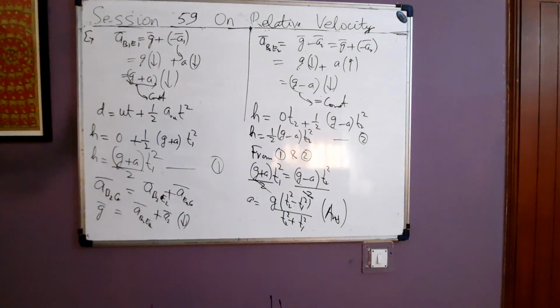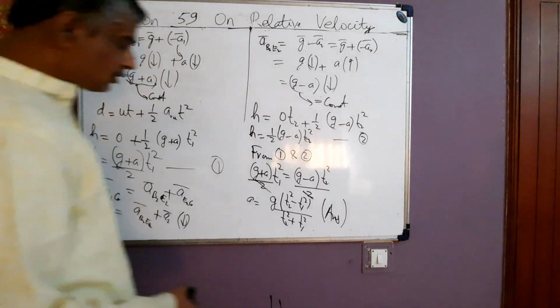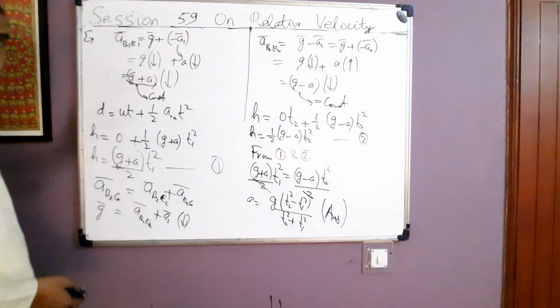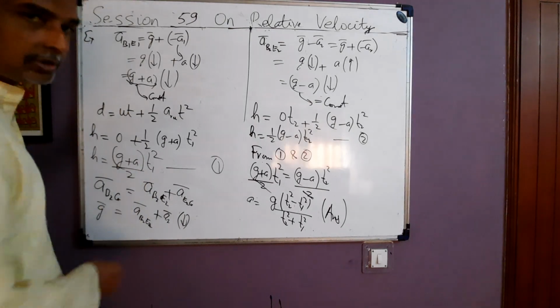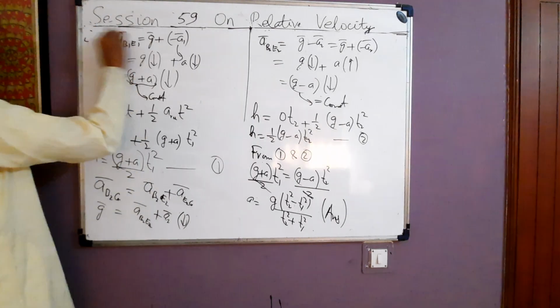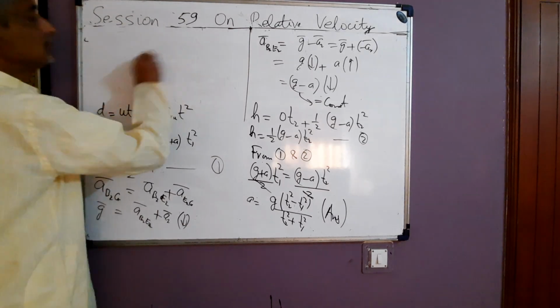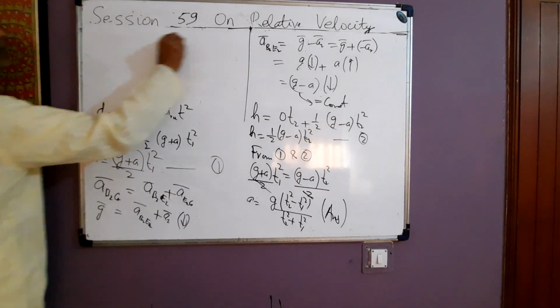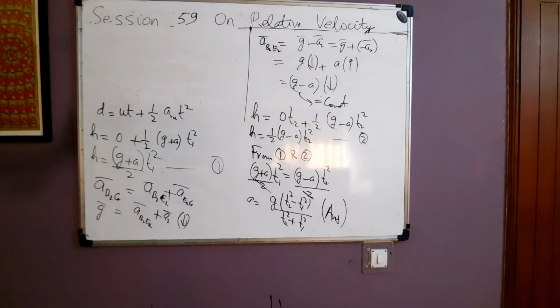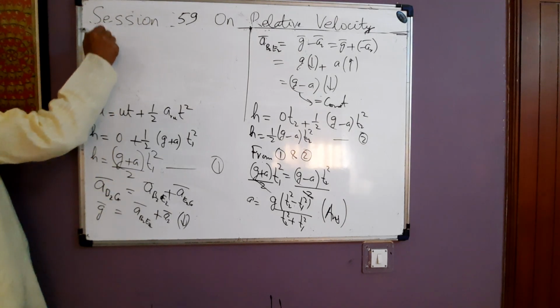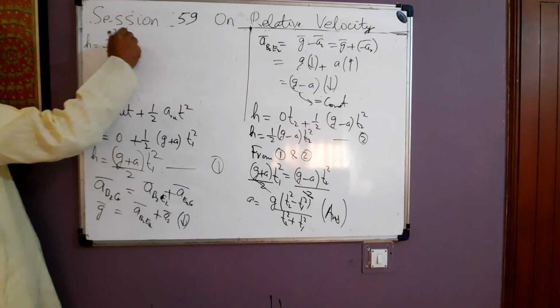Now we have also been asked to find the value of h. So what we do is substitute the value of a either in the first or the second equation. Suppose I put it in the first equation. So h will be T1 square by 2 into (g plus a).